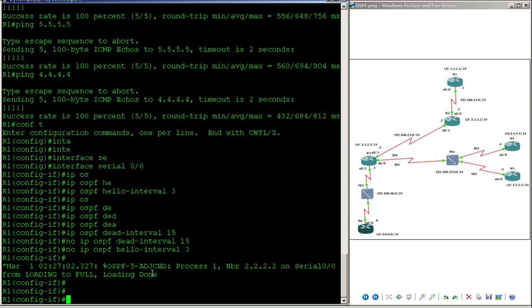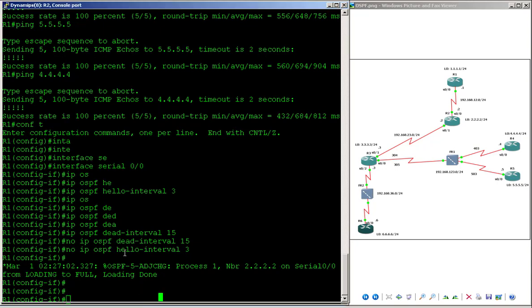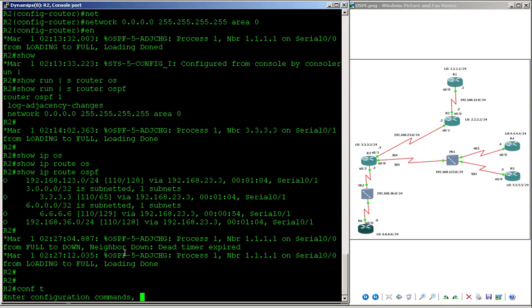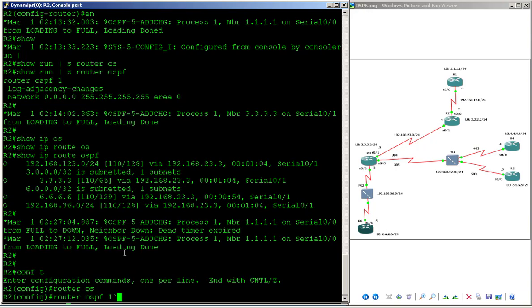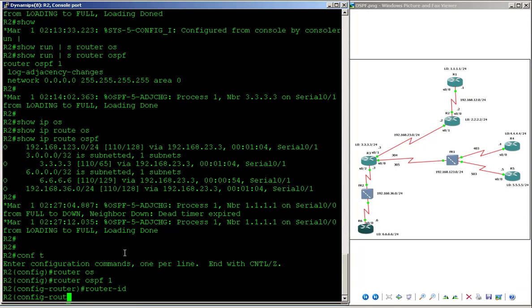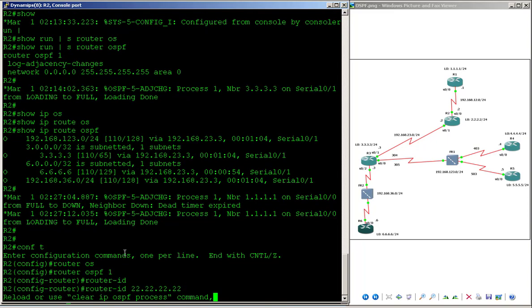Now it's back on router 1 because I put the no before the dead and hello interval. So on router 2 now, router ospf 1, and to change the router ID I write router-id 22.22.22.22.